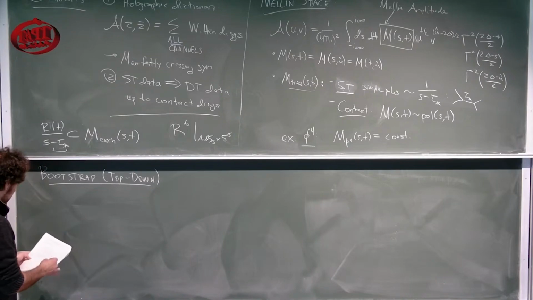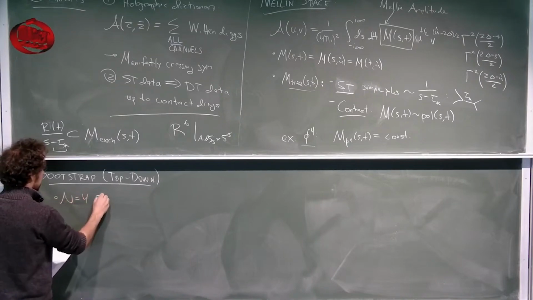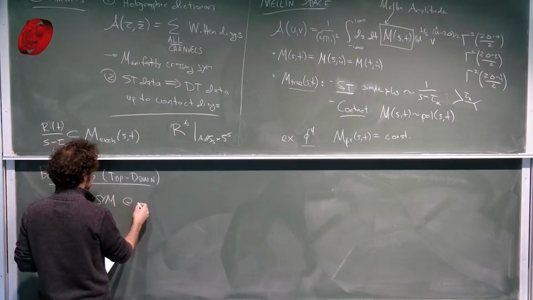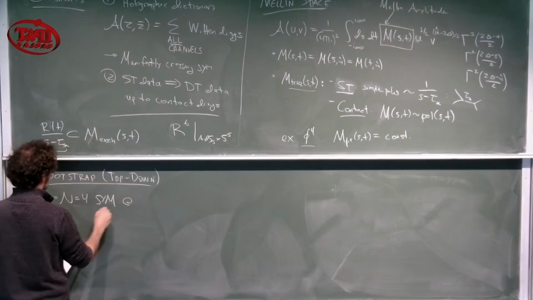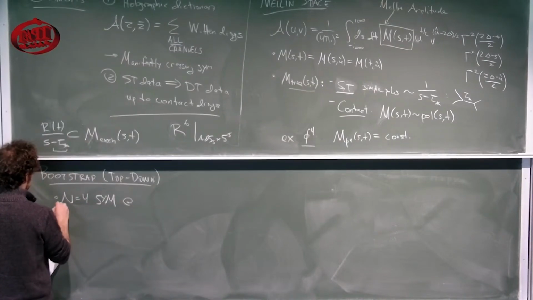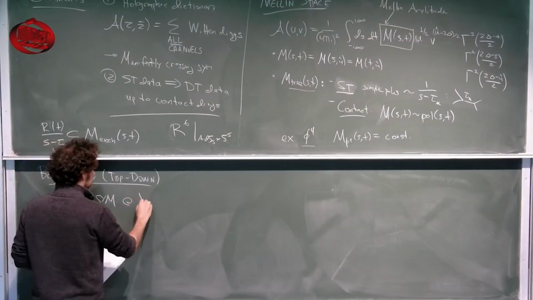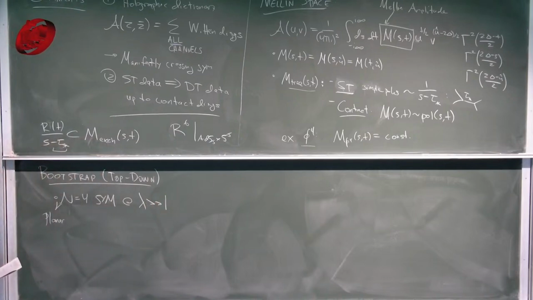So let us go back to this example building on last time, of N=4 super Yang-Mills at strong coupling at order 1/c. So say planar N=4, large 't Hooft coupling, where it's dual to AdS5 times S5 supergravity.